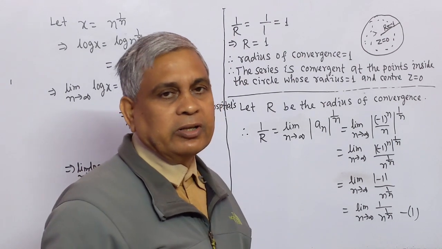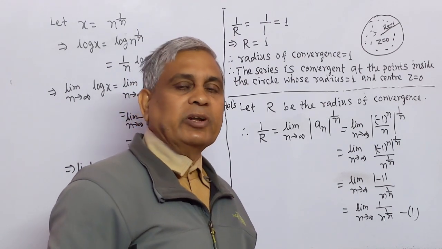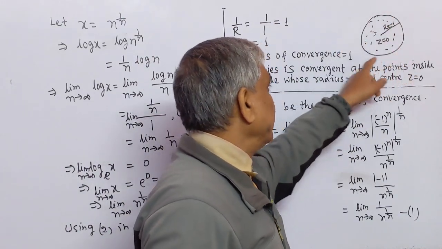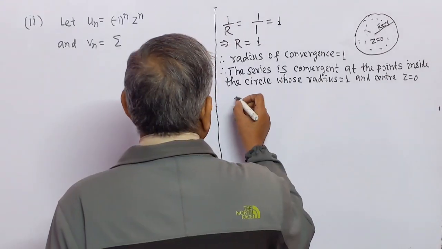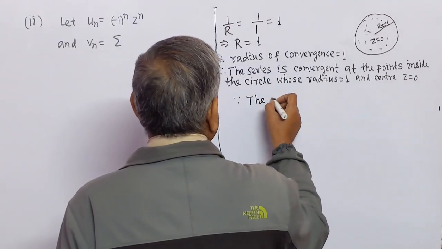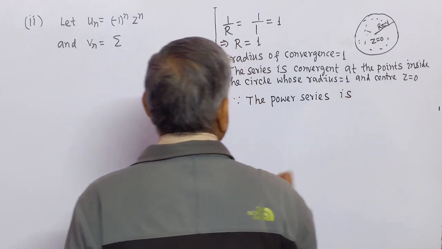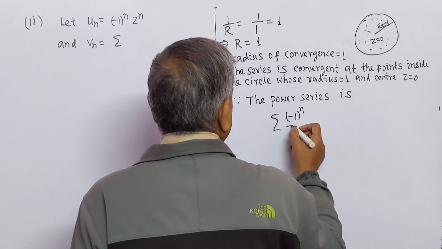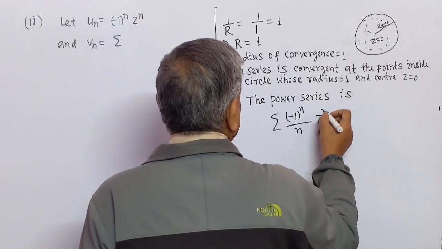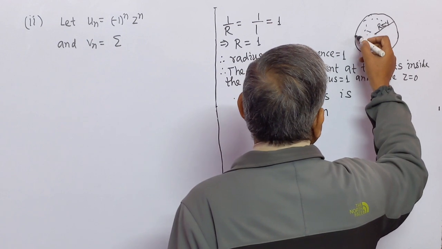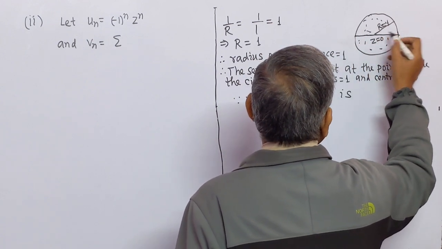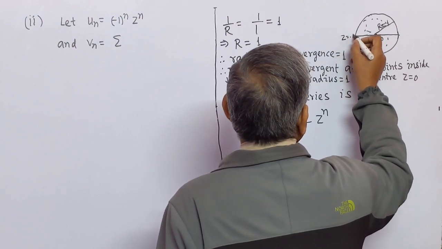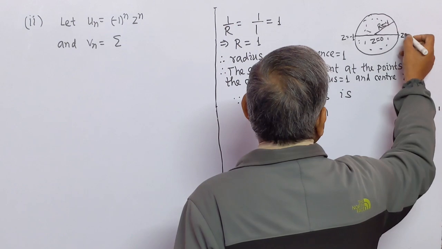Now we think about the convergence of the power series on the circle, that is, the points on the circumference of the circle. Since the power series is sigma minus 1 to the power n by n z to the power n. Now this is the x-axis, and here z equals minus 1, here z equals plus 1.